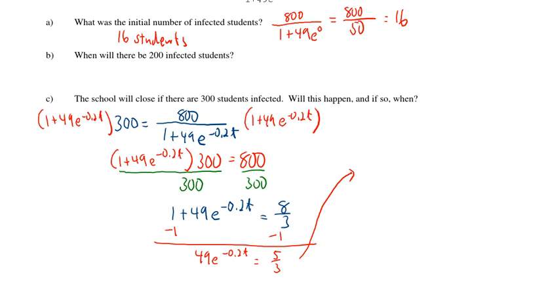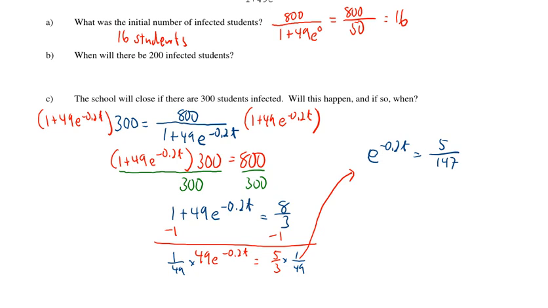And remember that when I divide a fraction by 49, the 49 basically joins the denominator. So I'm going to get e to the negative 0.2t equals 5 on top, 3 times 49. Well, 3 times 50 would be 150, so 150 minus 3. Now all of a sudden it's an easy problem.